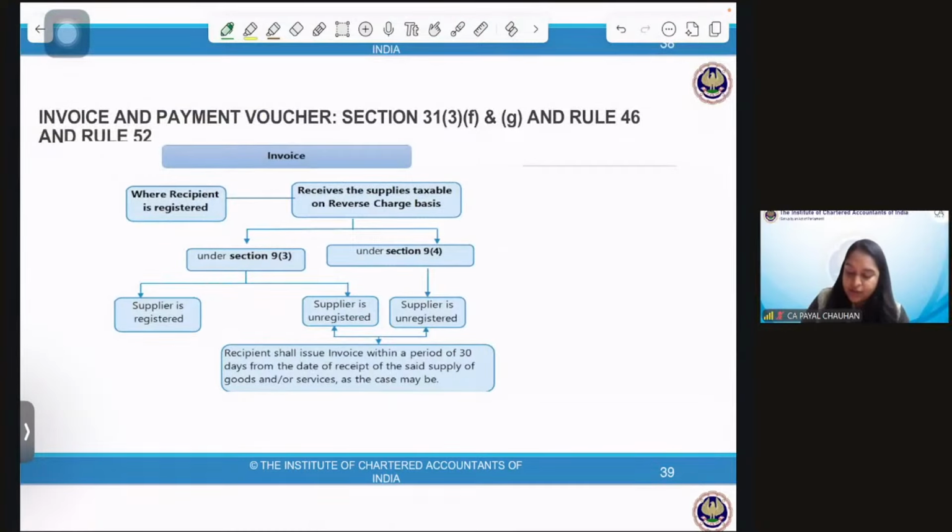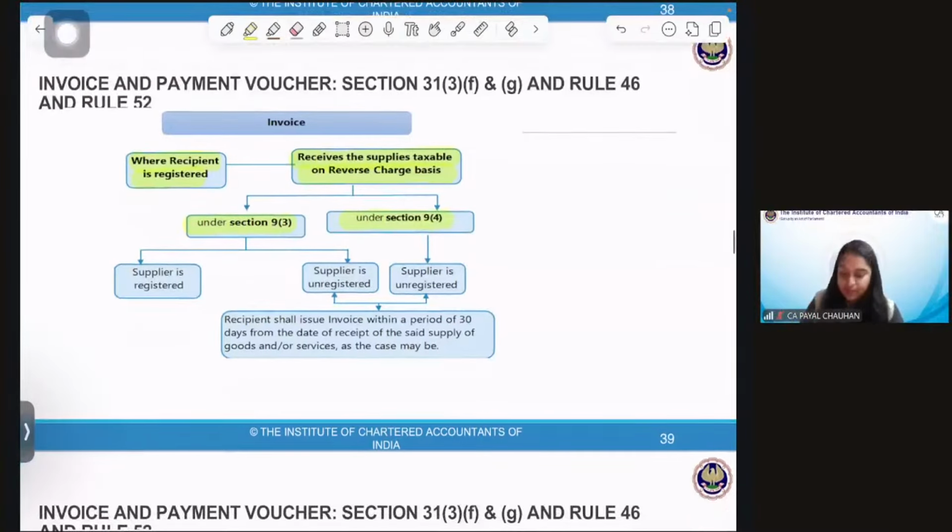Invoice where the recipient is registered, receives the supply taxable on reverse charge basis under section 9(3) and 9(4). Always remember, under 9(3), the supplier can be registered as well as unregistered. But in 9(4), the supplier is always unregistered.